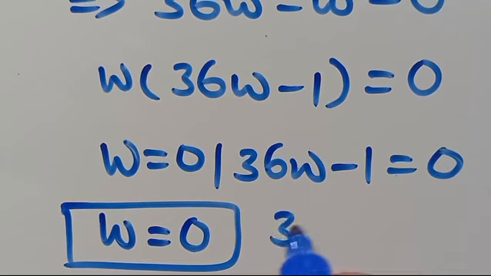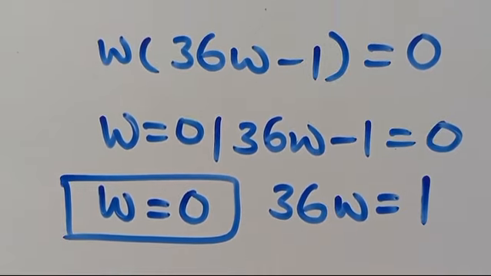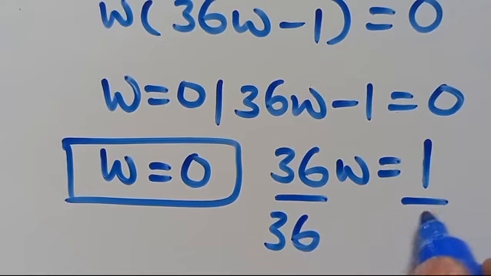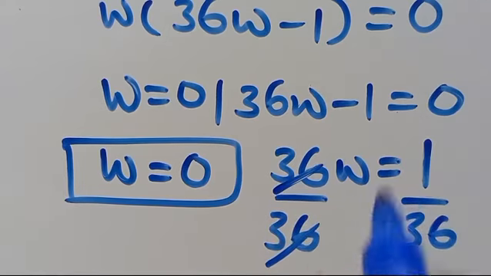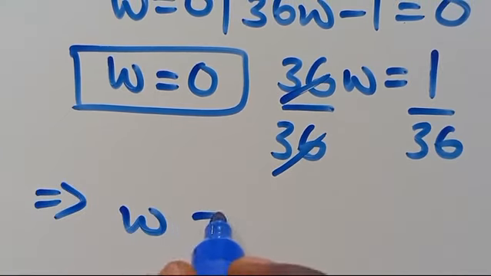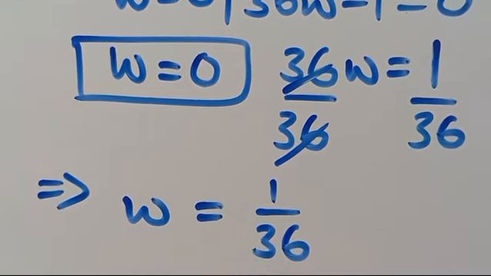Then from here we have 36W equals 1 by collecting the like terms. Dividing both sides by 36, this will cancel out this. So we have W to be 1 over 36.